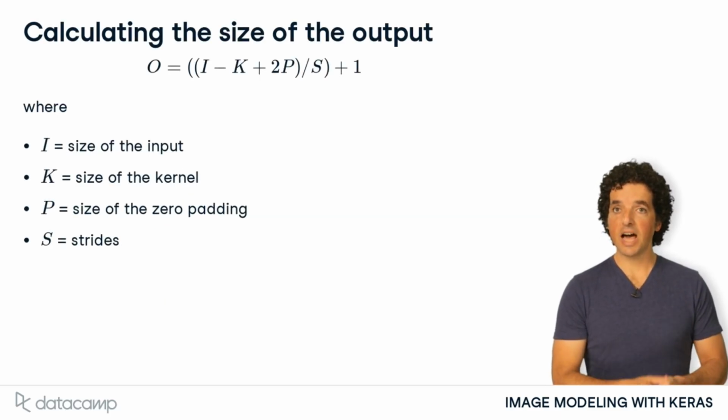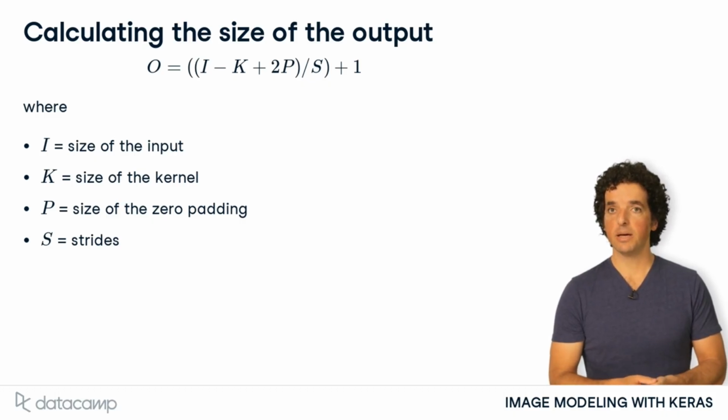Generally, we can calculate the size of the output using a simple formula: (I minus k plus 2p) divided by s, plus 1, where I is the size of the input, k is the size of the kernel, p is the size of the 0 padding, and s is the stride.